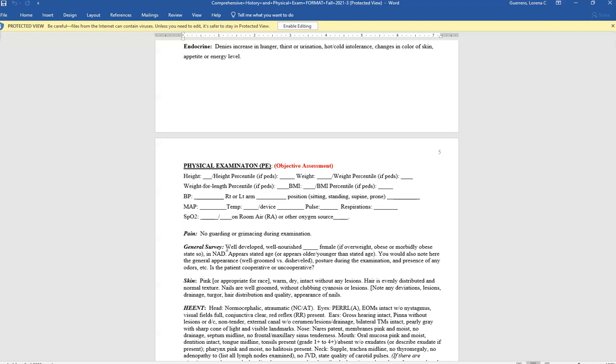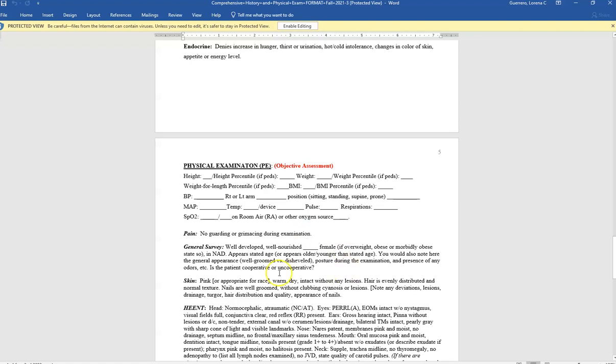You can tell somebody is looking at this patient and making a determination. If they're obese or morbidly obese, they may state that instead of well nourished. If they're too thin, they may put undernourished or too thin.